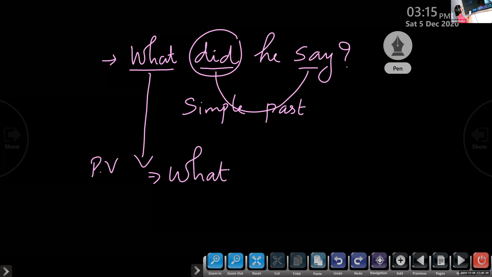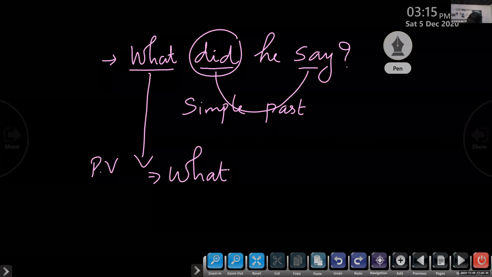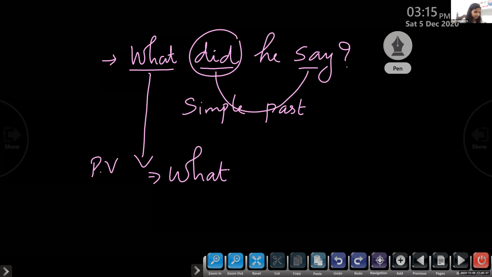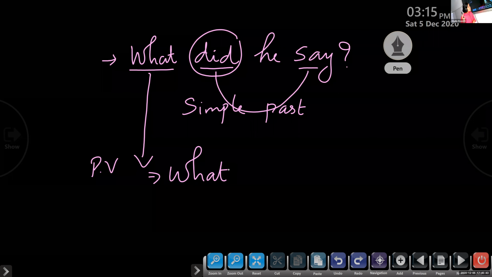Okay, so tell me how can I begin my sentence? What was said by him? After the question word, it is a must to use an auxiliary verb after a WH word.